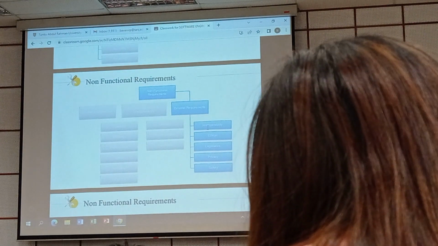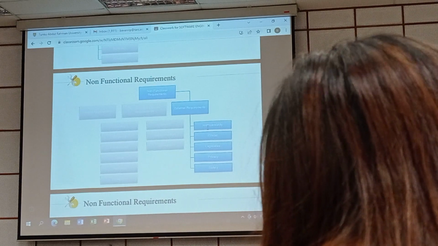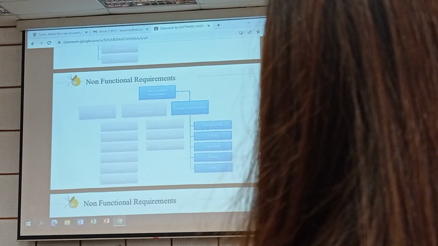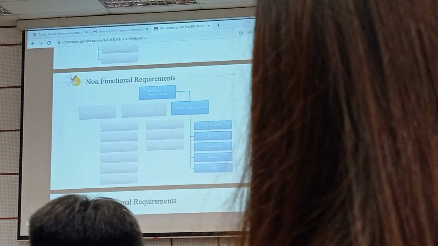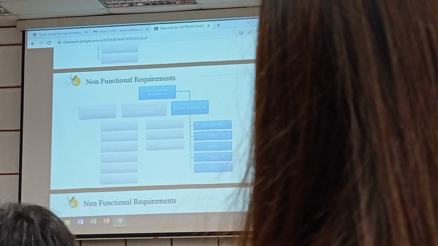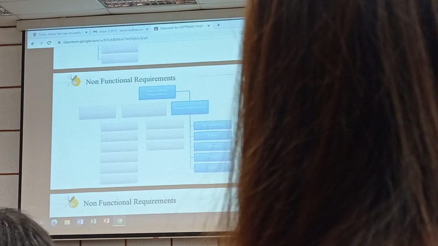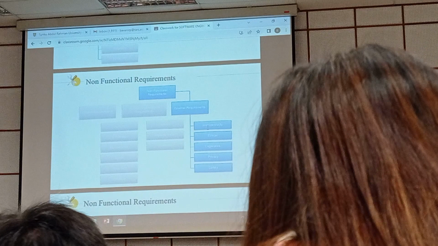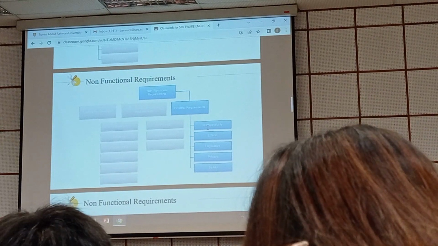For example, those who are choosing web-based, of course they have used JavaScript, they have used CSS, what else, a lot of tech things there. So you have to continue using that to develop further. You got it? Okay.